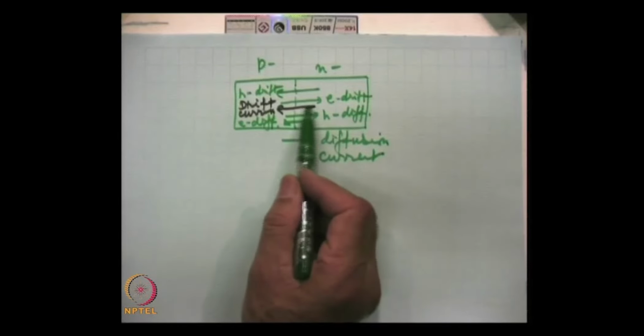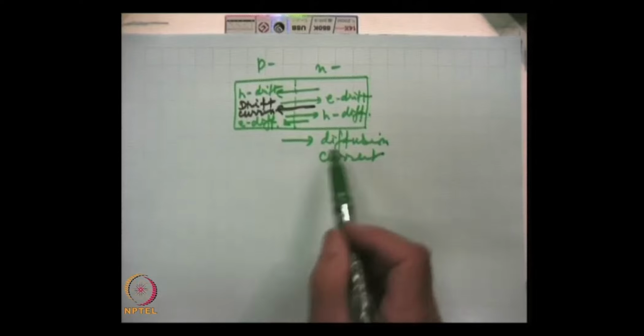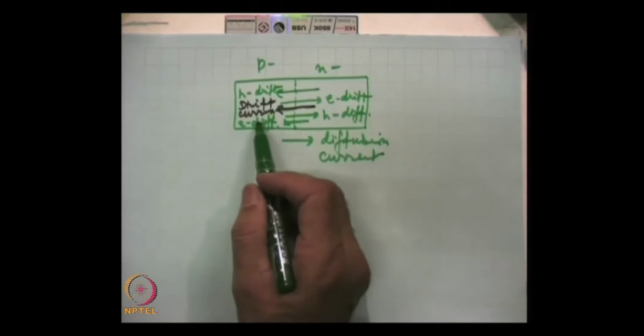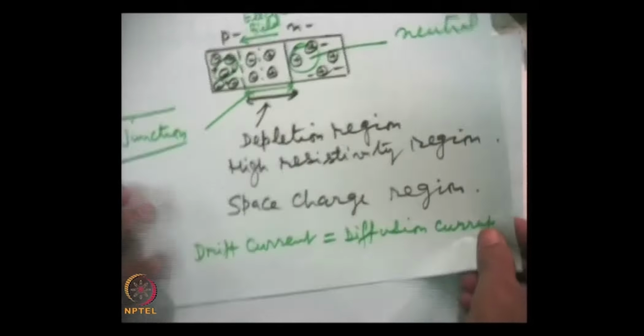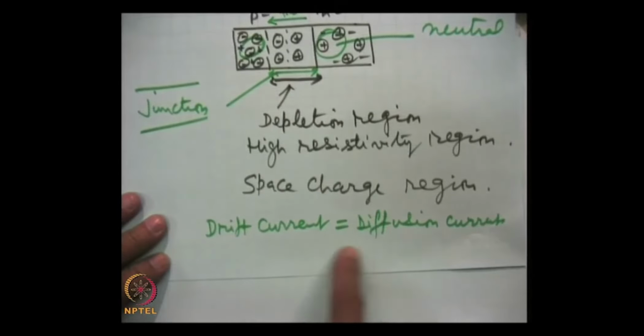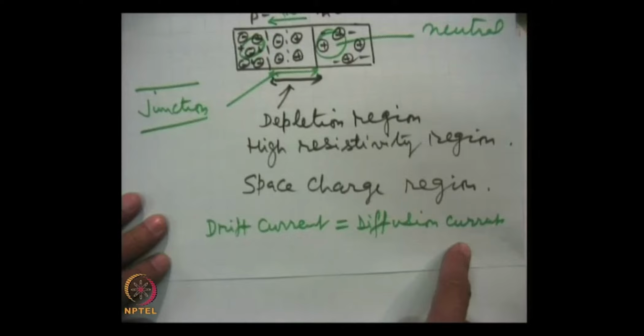The drift current is from right to left, and diffusion current is from left to right; they are in opposite directions. Equilibrium is obtained when, as I said earlier, drift current is equal to diffusion current.